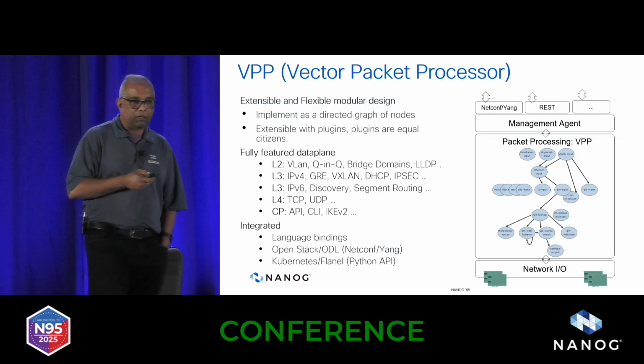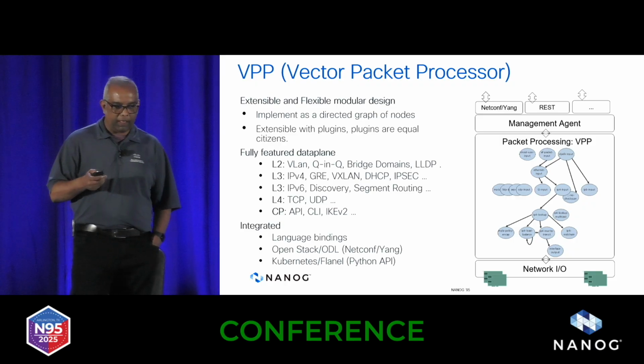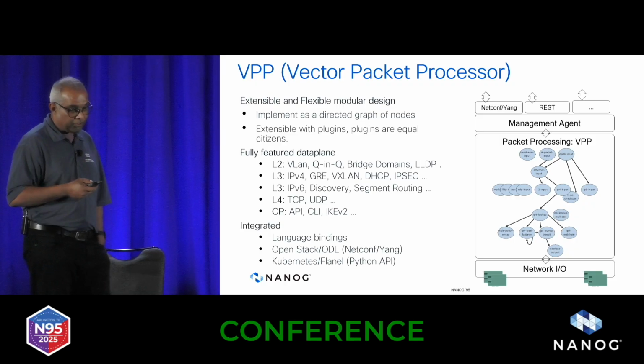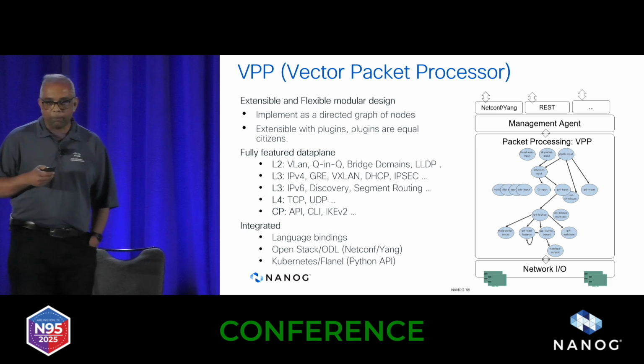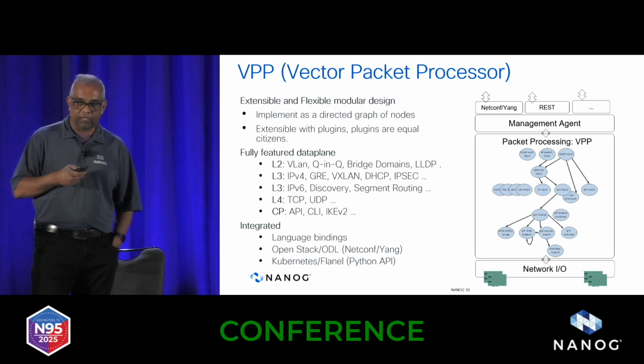A quick background, VPP stands for Vector Packet Processing, and it's an FD.io project, like I mentioned. It's fully extensible, very highly optimized for performance primarily, and it builds on x86 architecture, caching, and memory infrastructure, making packet processing extremely efficient, and it has all these vanilla bread and butter features already wired into the current version of community VPP.